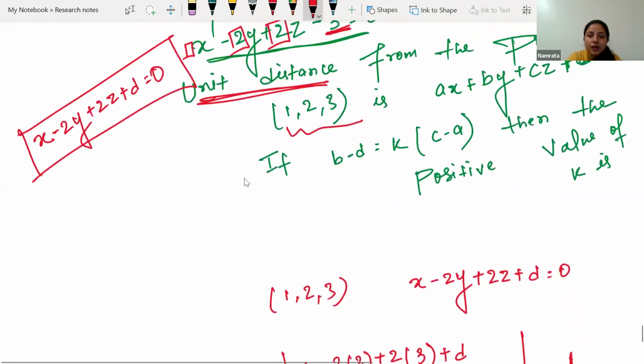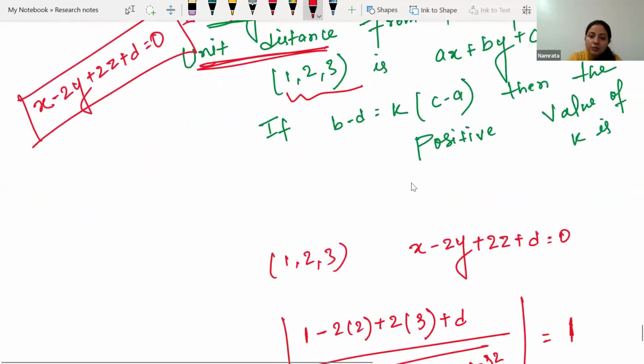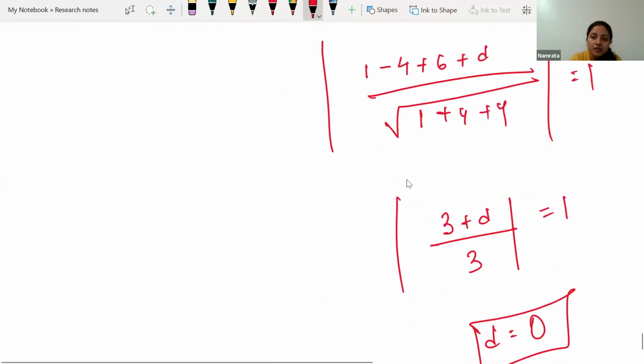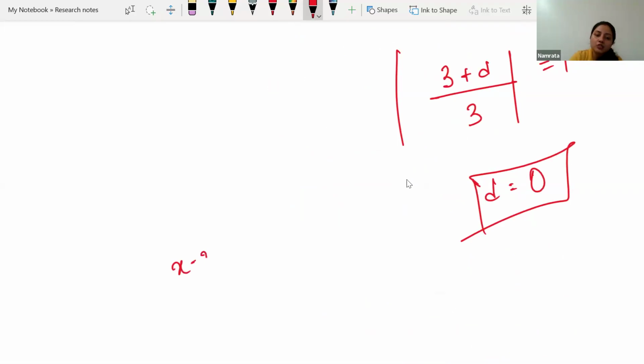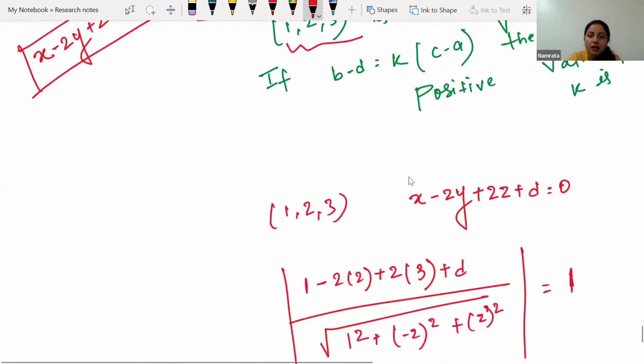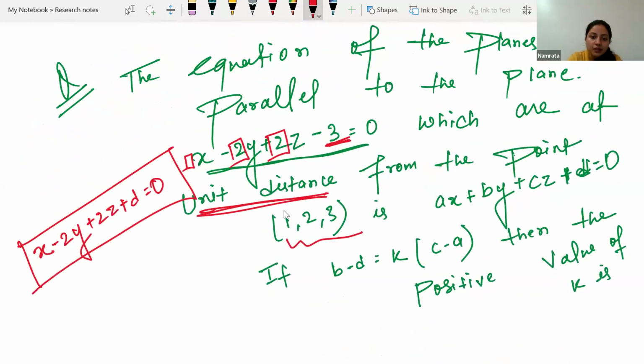Now our equation of the plane will be what we have taken, x minus 2y plus 2z plus d is equal to 0, with d as 0. This is our required equation of the plane. Are we supposed to find the equation of the plane? So the plane which is at unit distance from this point looks like this.